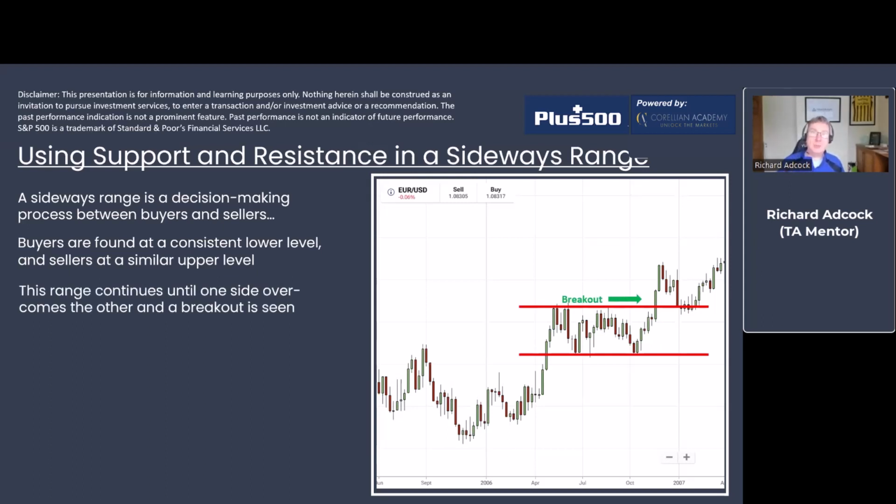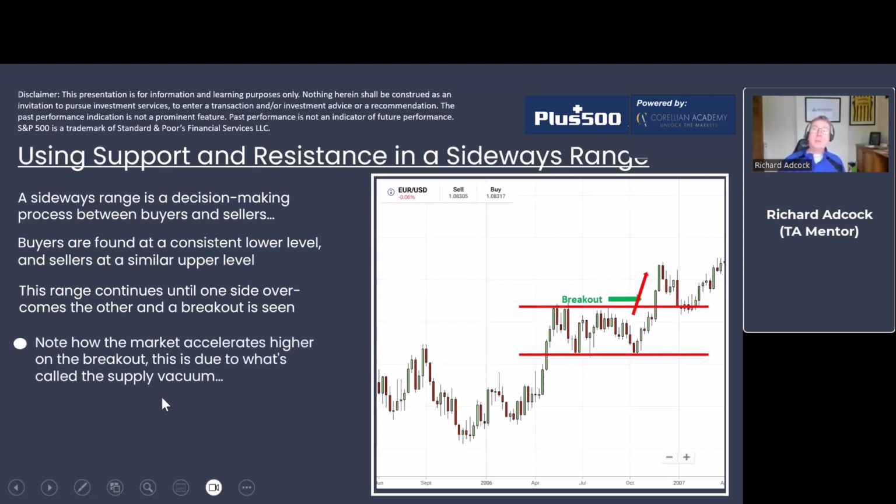This range develops until we see a breakout from one side or the other, where we start to see, in this case, the buyers overcoming the sellers. So there's more buying demand to overcome the selling resistance and supply at that particular level. And this is when we see a breakout occur.